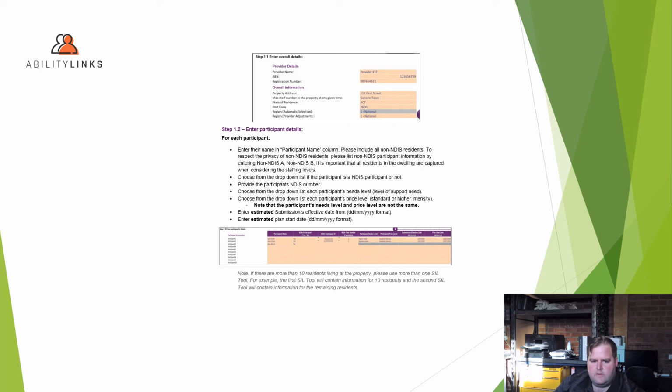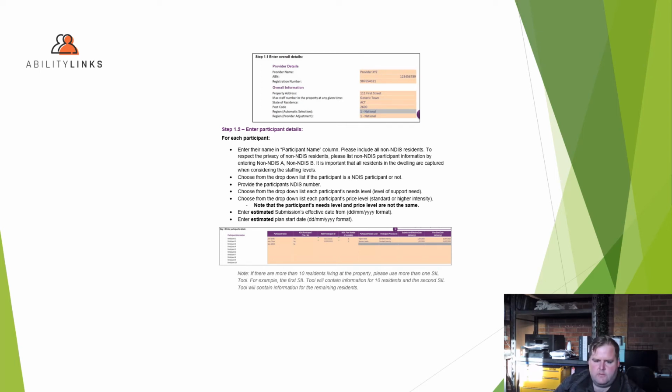So we've got all the participant details and provider details in. Then we've clicked across into the participant details. We're looking at just including the names and the details of the participants that are residing in the SIL, and their ID.